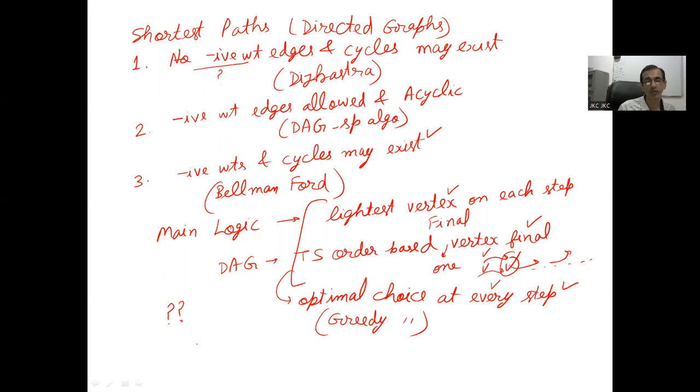But what about Bellman Ford? We don't have such a possibility, because we cannot pick the lightest vertex as negative weights can make it even lighter, and the graph is cyclic, so topological ordering also doesn't exist. So for Bellman Ford, the logic has to be that we try all possibilities, try for the worst possibilities of relaxation.